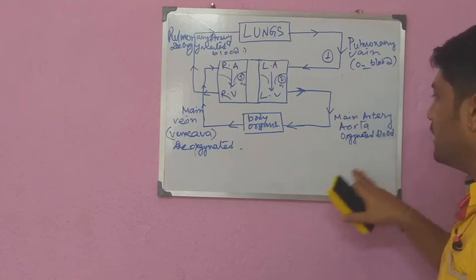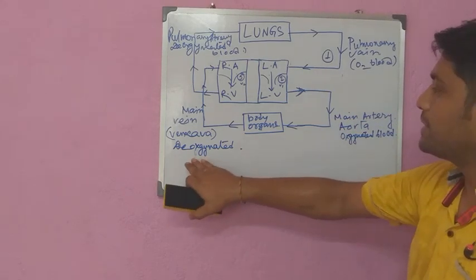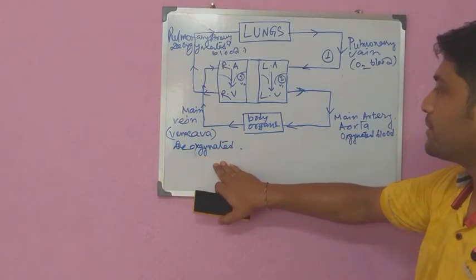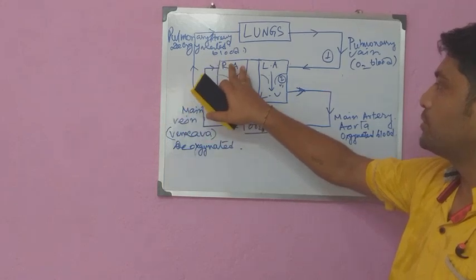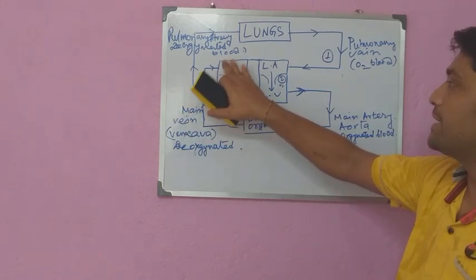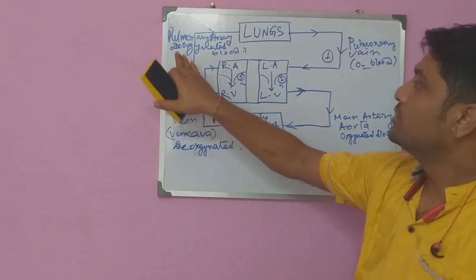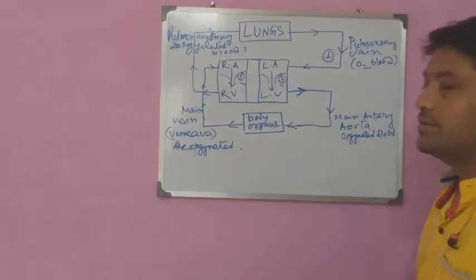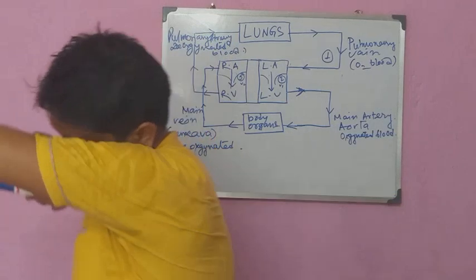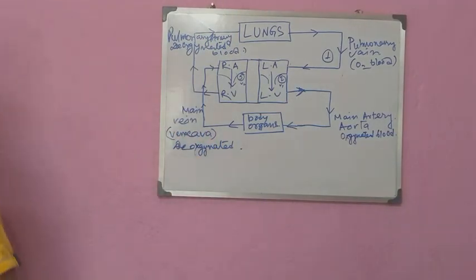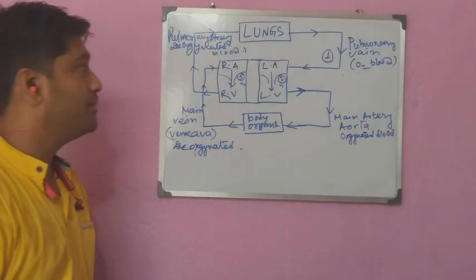After that, body organs. Then the vena cava brings deoxygenated blood to the right atrium, which contracts to the right ventricle, and the right ventricle sends it to the lungs. So this is all about the circulation of blood.